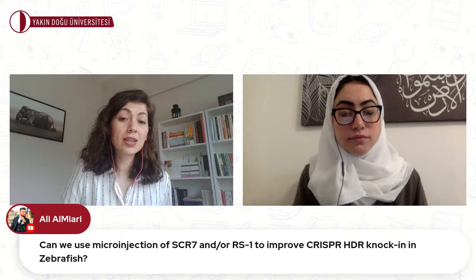Actually, I'm not very familiar with SCR7, but you can check by using ZFIN, the Zebrafish Information Network, which can list all the labs around the world, and you can check whether there is any SCR7 injected phenotype.